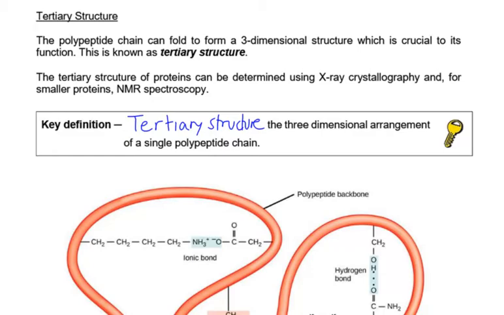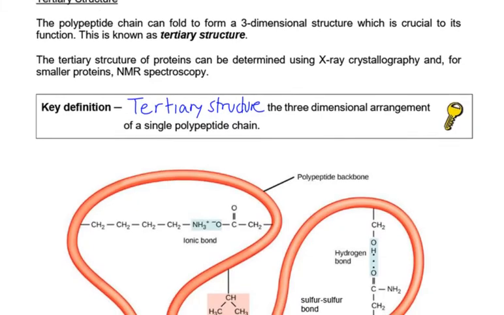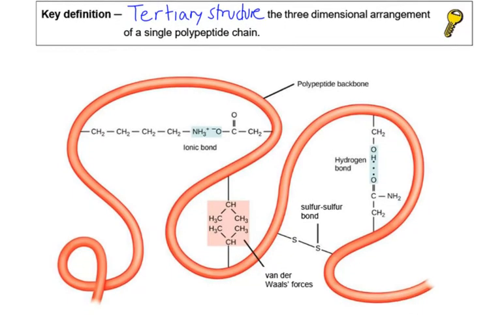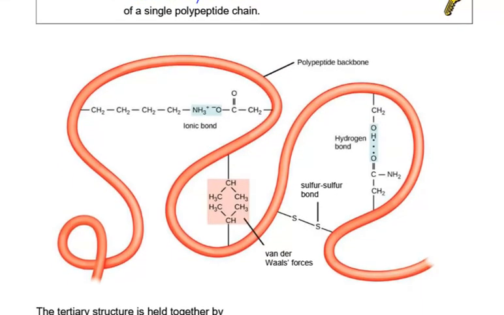The tertiary structure is complicated and it's held together by lots of different types of bond and interaction. This diagram summarises the types of bonds and forces that can hold proteins' three-dimensional shape together. So you have ionic bonds between charged parts of the structure.